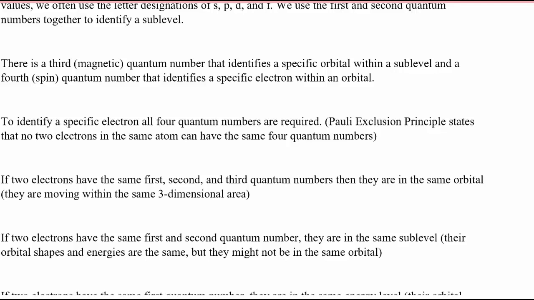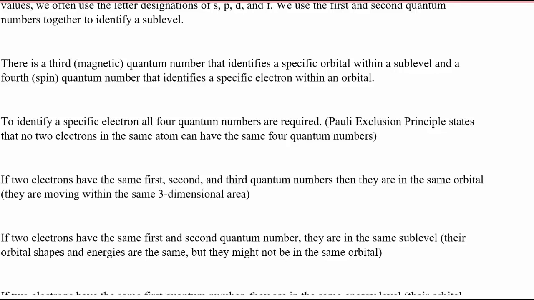The third quantum number tells me, if I have more than one of these shapes of orbitals, which one of those am I looking for? And the fourth quantum number tells me, there are 2 electrons in this orbital. Which one am I talking about?